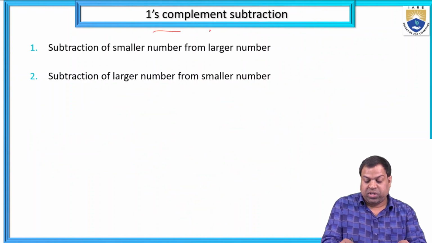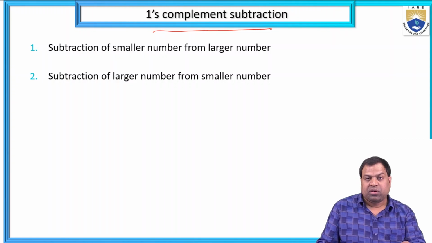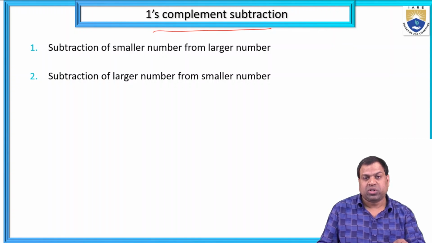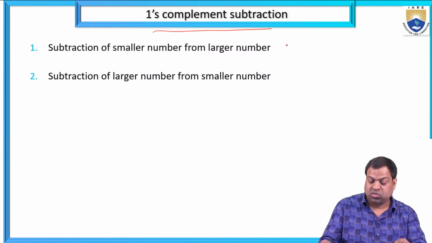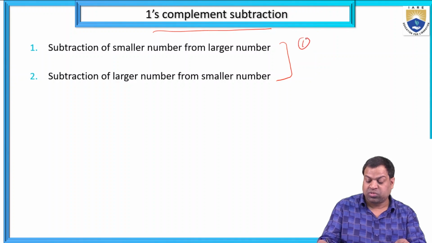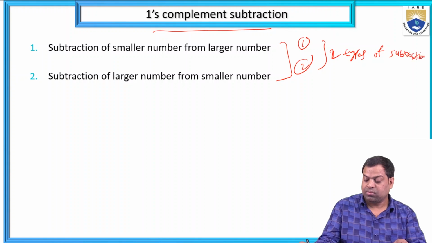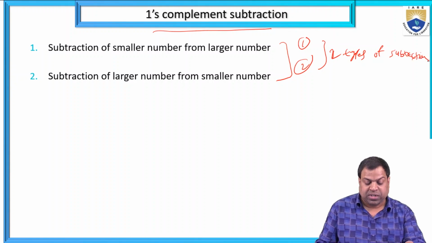And 1's complement subtraction. How are we performing subtraction with the help of 1's complement? Subtraction of smaller numbers from larger numbers, and subtraction of larger numbers from smaller numbers. So we are doing subtraction, but how many types are there? There are two types of subtractions.